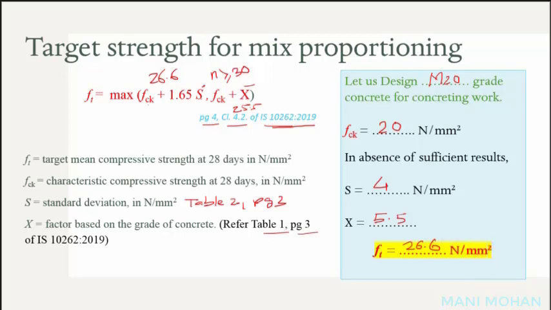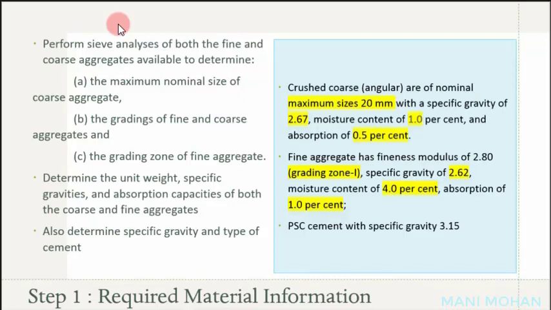In the previous video of proportioning and general steps for mix design, we had explored the possible steps for proceeding with concrete mix design. Step 1 was about required material information. The information which needs to be collected with regard to material will be the maximum nominal size of coarse aggregate, and the grading of fine and coarse aggregate.